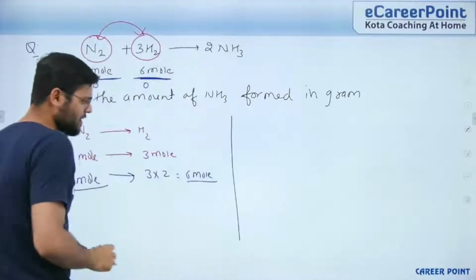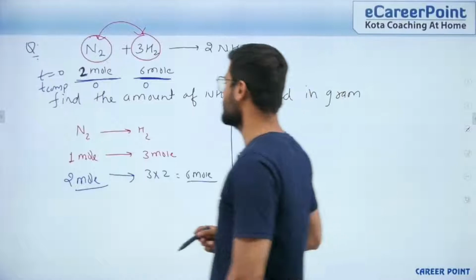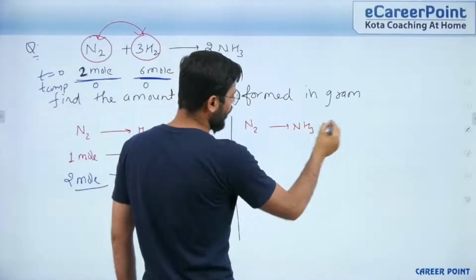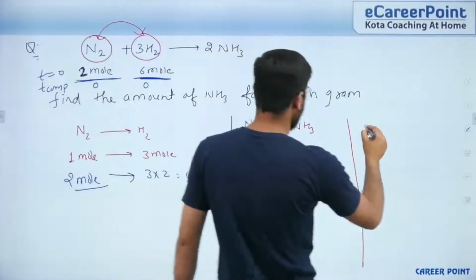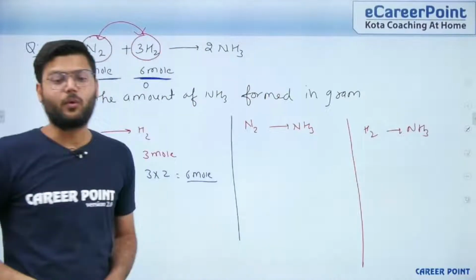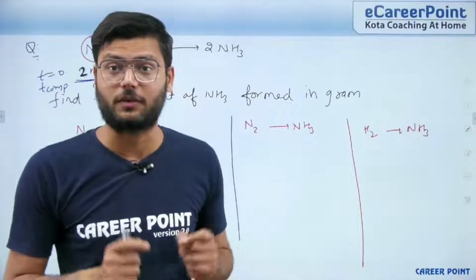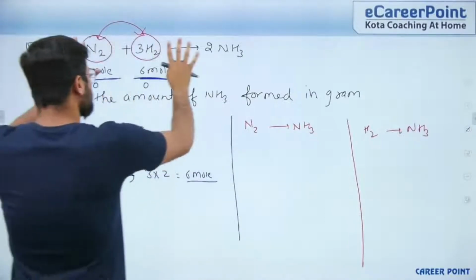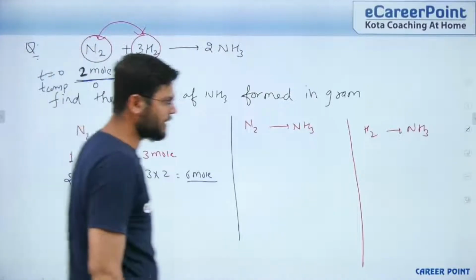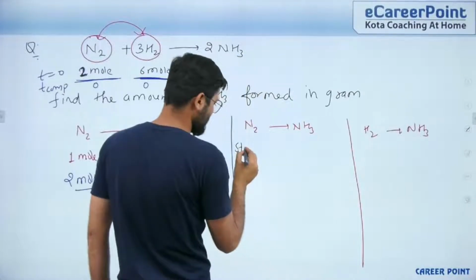Now let's try to understand how to calculate the formation of ammonia. You can calculate the formation of ammonia from the nitrogen, or if you want, you can also calculate it from the hydrogen. So what is the first information you can extract from here? The first information is that by looking into the stoichiometry, the first step you get from the stoichiometry always.